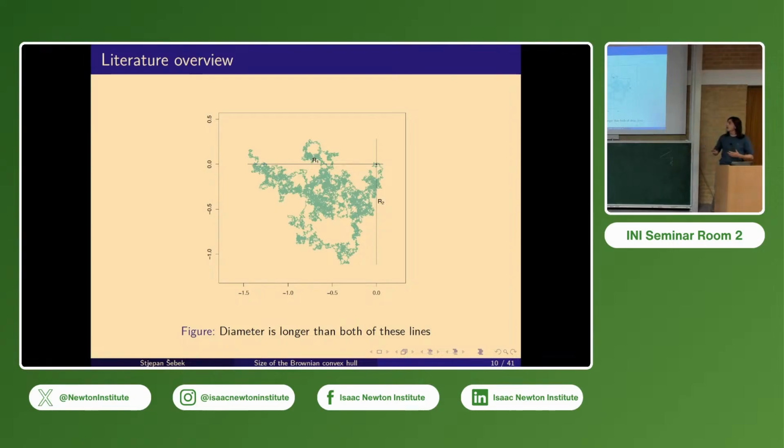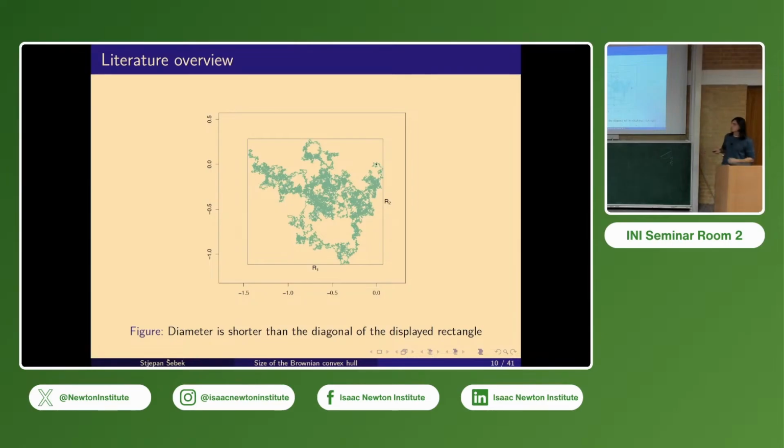So R1 and R2 are actually ranges of those initial W1 and W2 from the first slide. Our planar Brownian motion is the ordered pair of W1 and W2, two standard one-dimensional Brownian motions. We look at the range of the first one, we look at the range of the second one. The diameter is definitely bigger than both. And on the other hand, we can fit the whole hull into a rectangle whose sides are these R1 and R2.